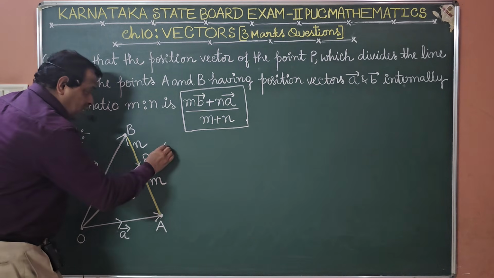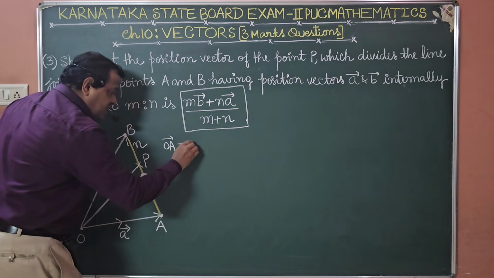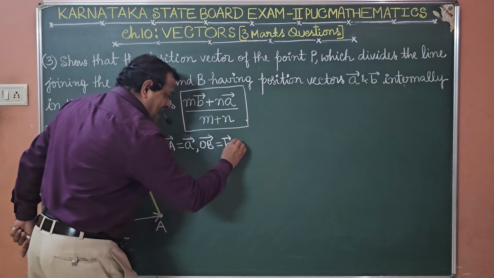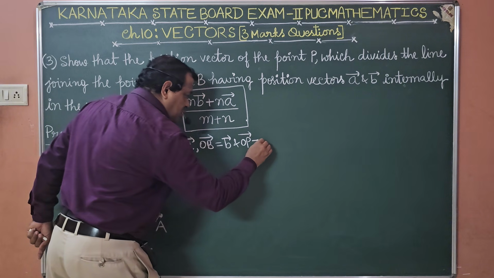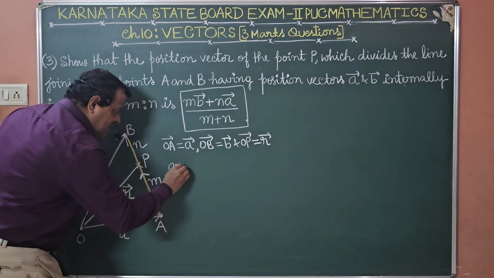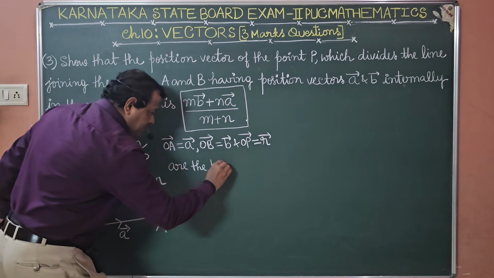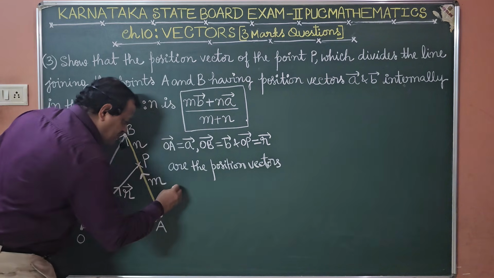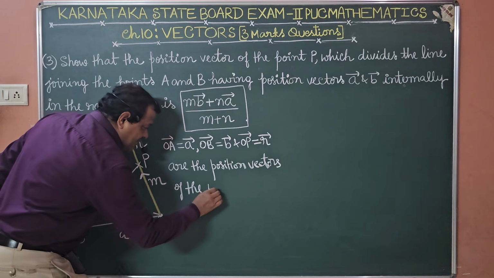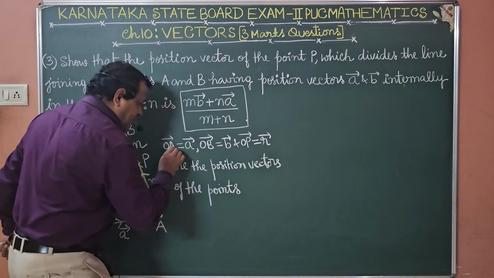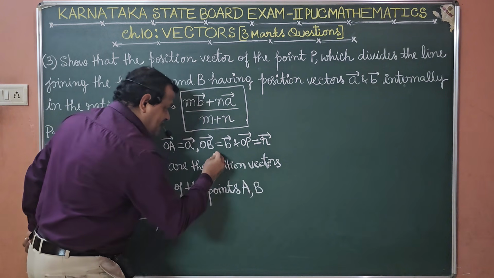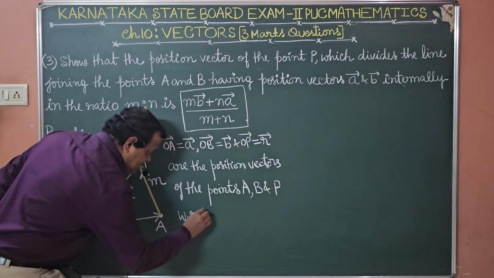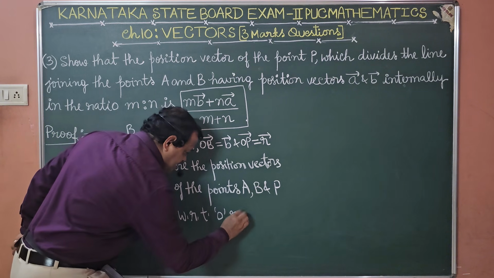So I will write here briefly. OA vector is equal to A vector, OB vector is equal to B vector, and OP vector is equal to R vector, are the position vectors of the points, capital A first, capital B and capital P last, with respect to O, O meaning origin, the initial point.